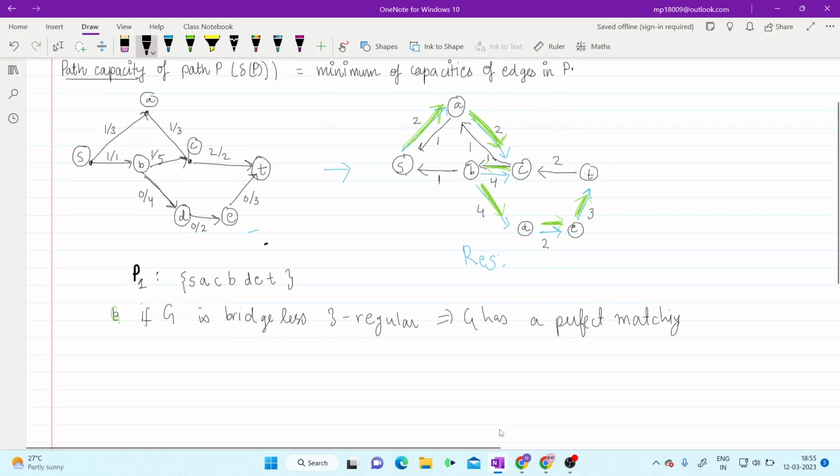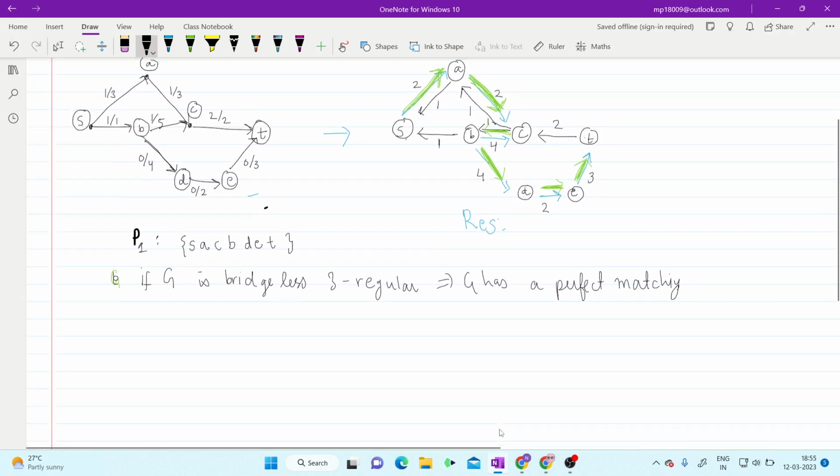Is it a necessary condition? No. If G is not bridgeless, then you cannot conclude anything about a perfect matching.